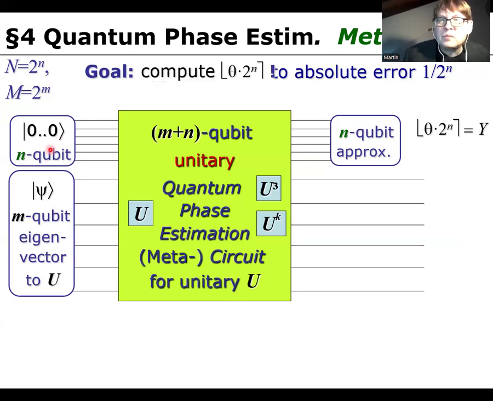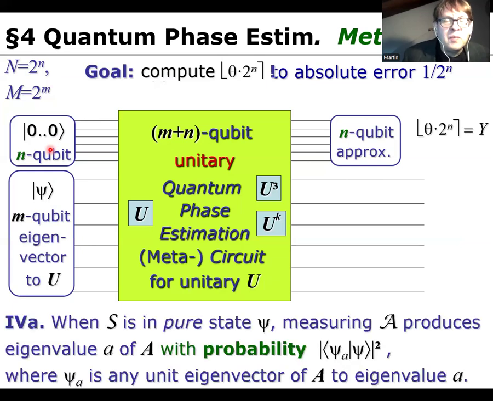Now remember, the fourth axiom of quantum mechanics is that the result of a measurement is inherently non-deterministic. It produces something, namely an eigenvalue of the operator, with a certain probability.